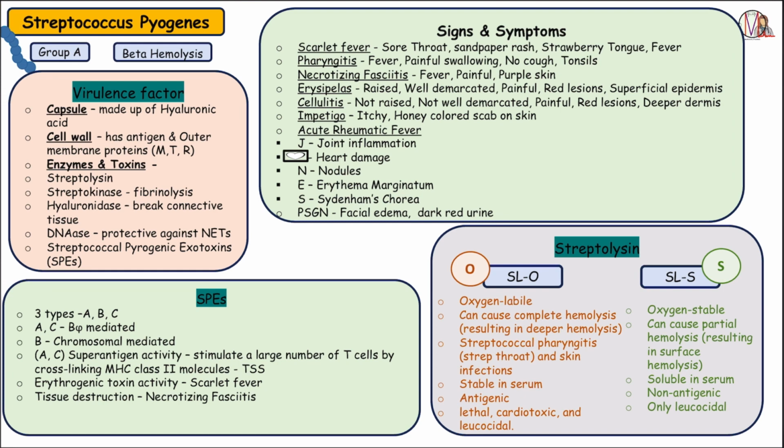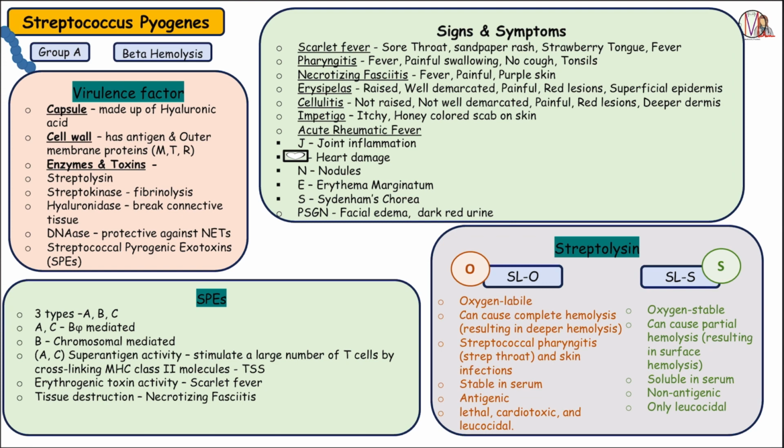Next is acute rheumatic fever. For this, the mnemonic is Jones and the symptoms are joint inflammation, heart damage, nodules, erythema marginatum, and Sydenham's chorea.